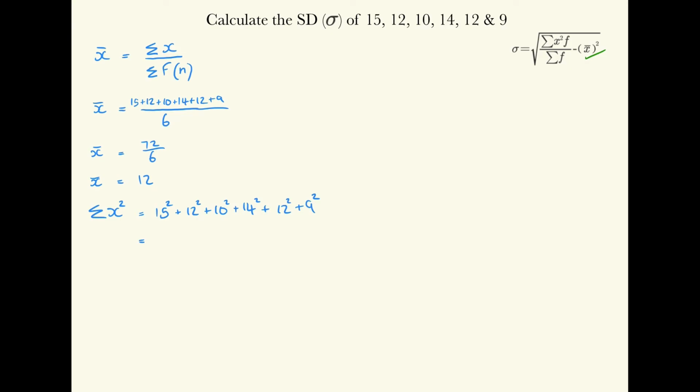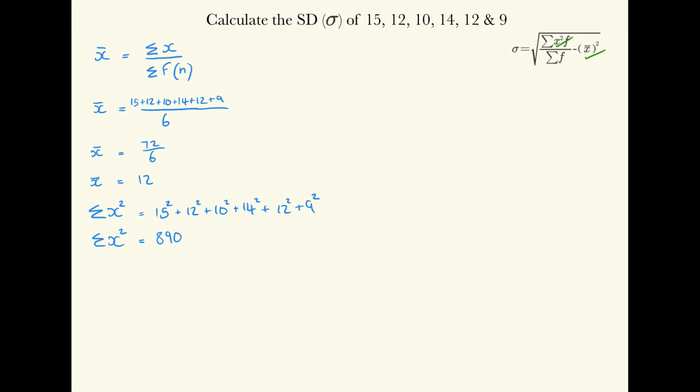If you plug that into your calculator, you get 890. You can go ahead and put that in. So that's the sum of the squares of our scores. We've now completed, and I'll use my green pen here, the numerator of the standard deviation formula.